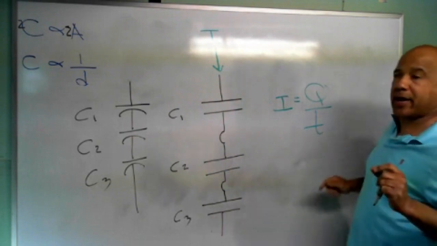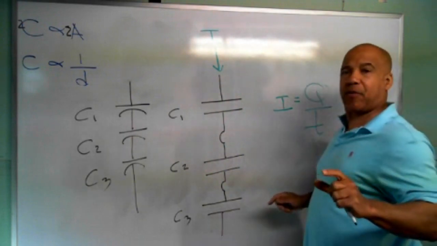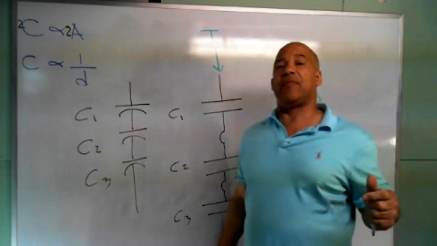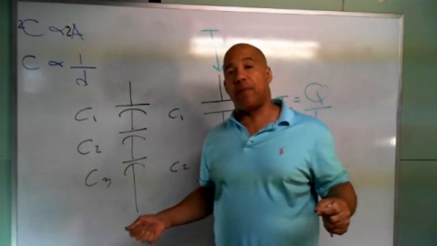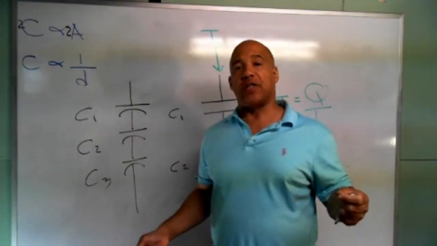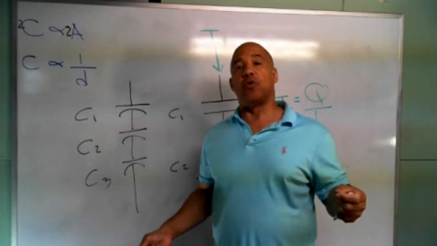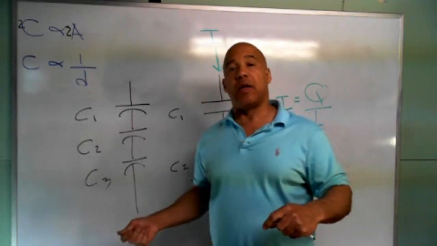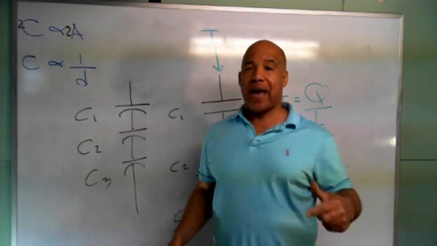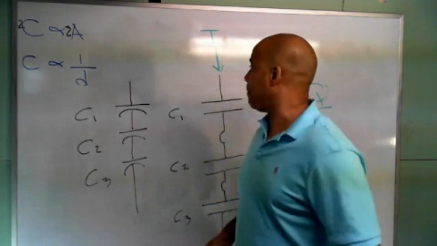Now here is where you have to think about this the right way. Remember when I said what's true for resistors and current is true for charge and capacitors. I want to explain what I mean by that.